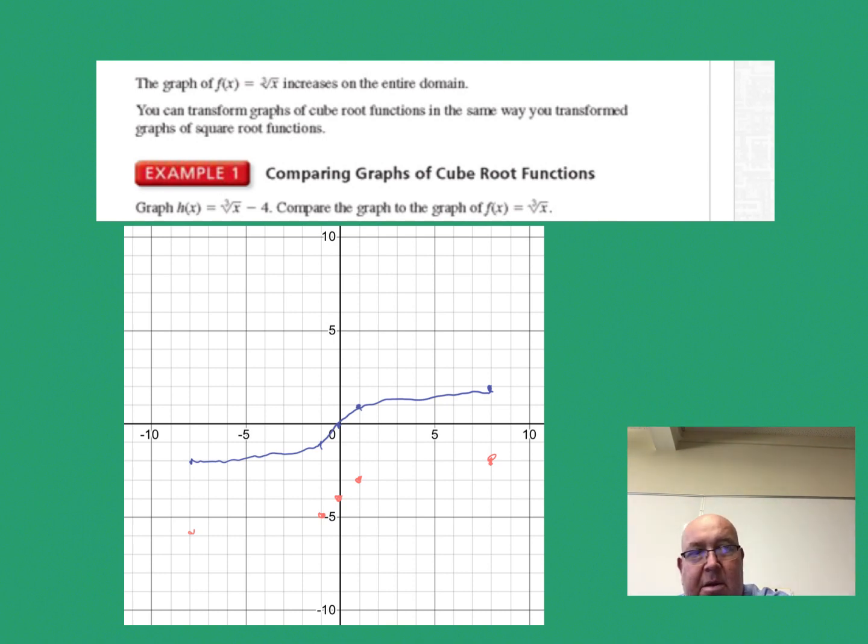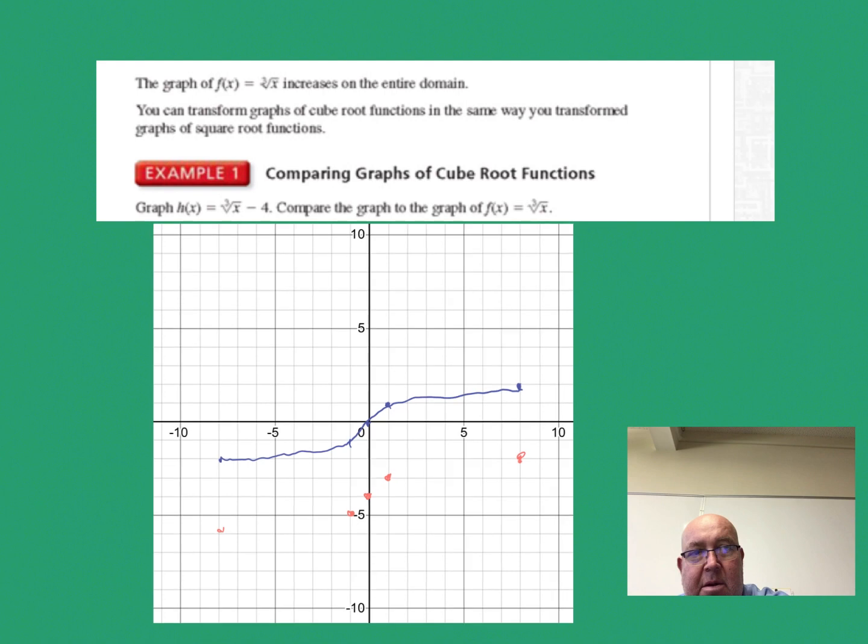So then the graph would come across like this. I don't do a good smooth curve on the graph.